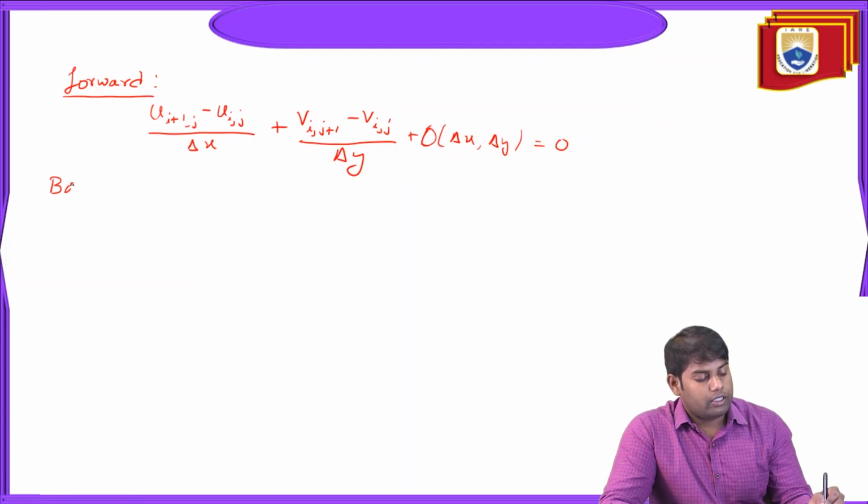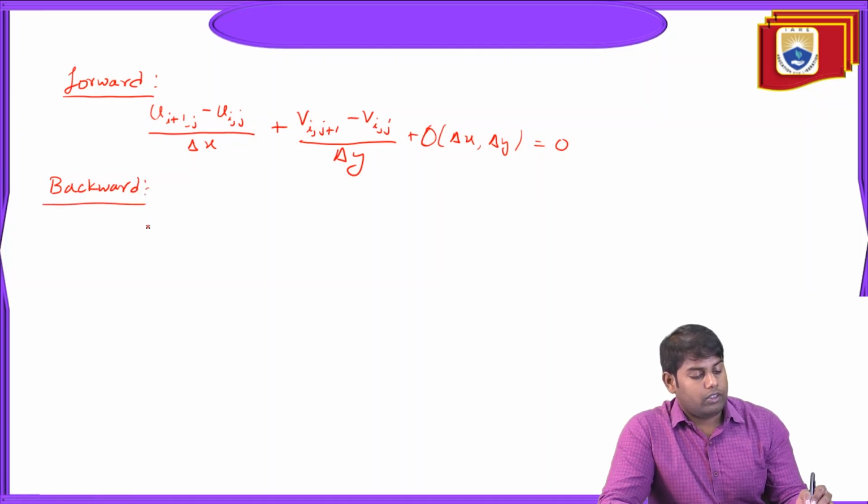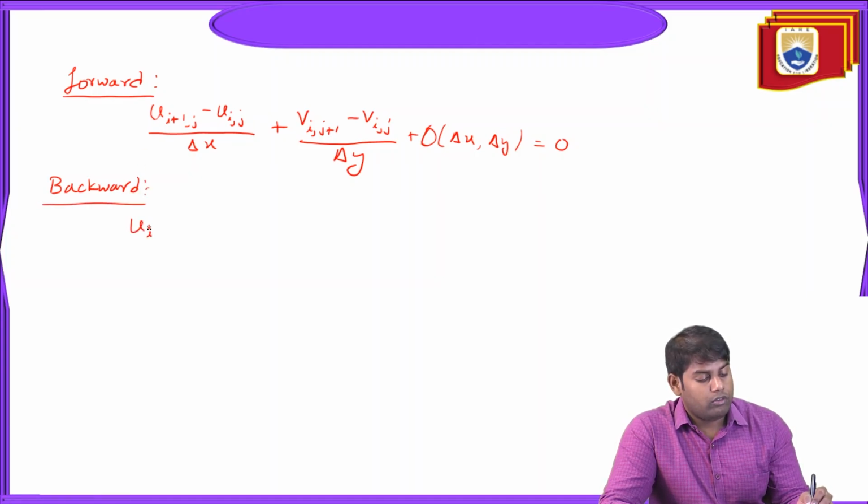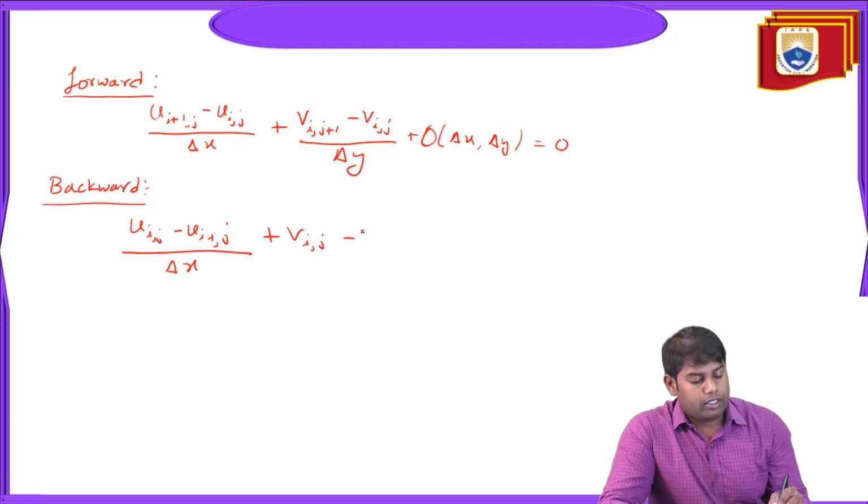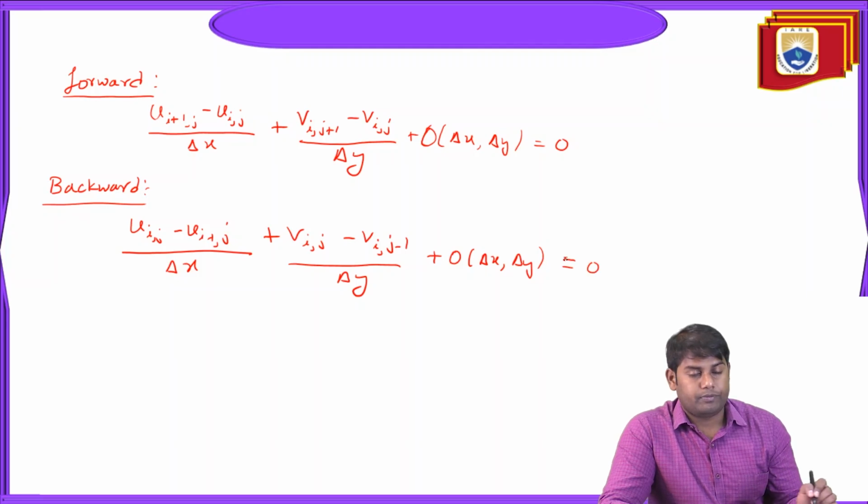Let's see backward difference. For the backward difference, we have u of I comma j minus u of I minus 1 comma j divided by delta x plus v of I comma j minus v of I comma j minus 1 divided by delta y. Similarly here we have order of accuracy delta x, delta y, equal to 0.